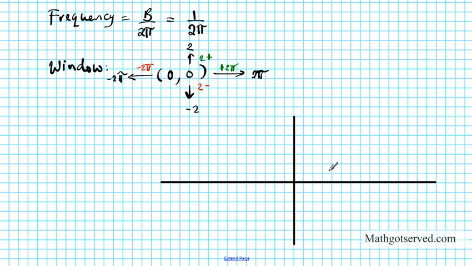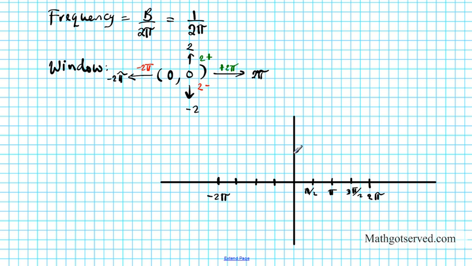So we're going to have 1, 2, 3, 4. Okay? And that's 2 pi. And the first tick is pi over 2. Next tick is pi. Next tick is 3 pi over 2. Okay, the quadrantal angles. All right, and then going to the left, 1, 2, 3, 4. That's a complete period, negative 2 pi. I don't need to put the values here because we're going to the right, okay?